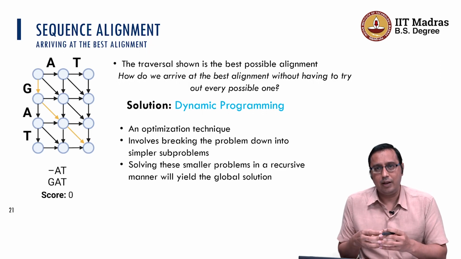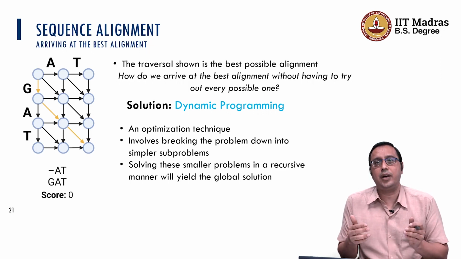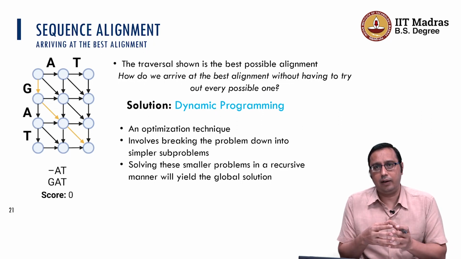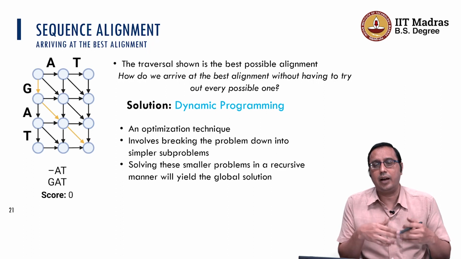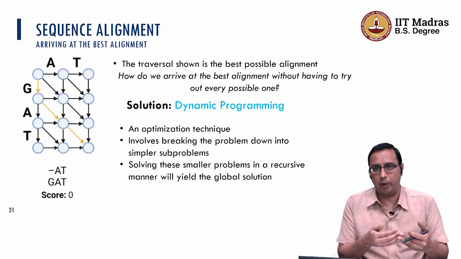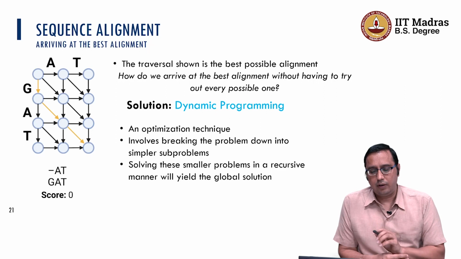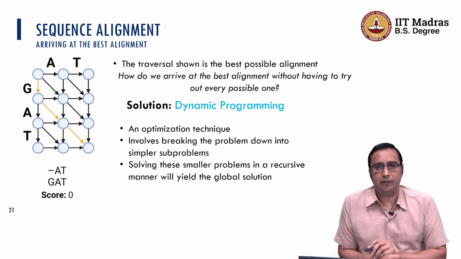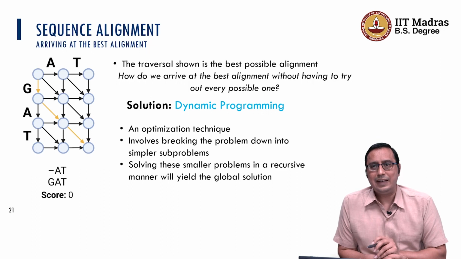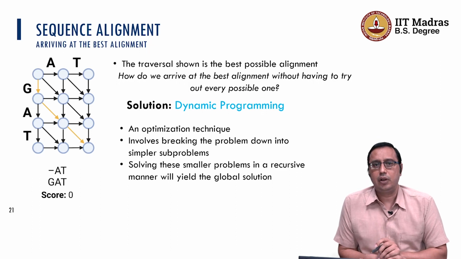You can think of it that way, so that we can weed out some of the paths locally, and hence as we go recursively and update and try to find another local problem, we yield at the end the global solution without trying out all possible alignments. So next we are going to learn how to solve this problem numerically and efficiently. Thank you.